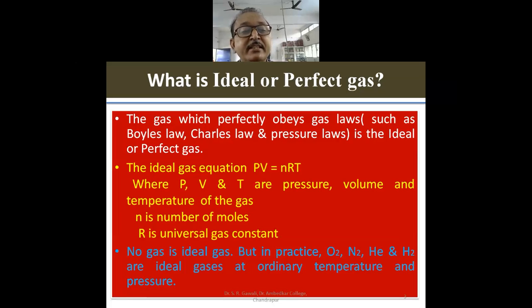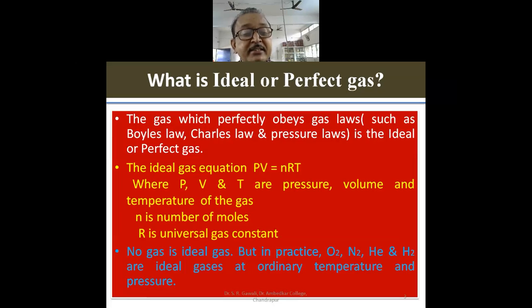You have also studied the ideal gas equation. What is that ideal gas equation? PV is equal to nRT, where P is the pressure, V is the volume, and T is the temperature of the ideal gas. And n is the number of moles, and R is the universal gas constant.